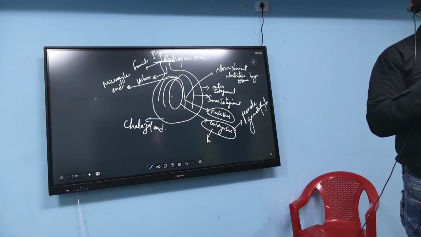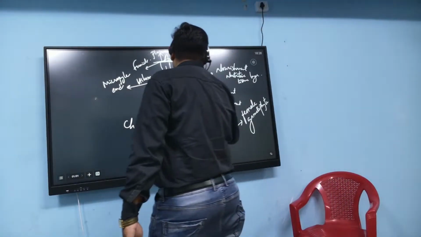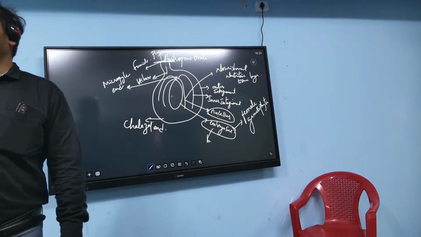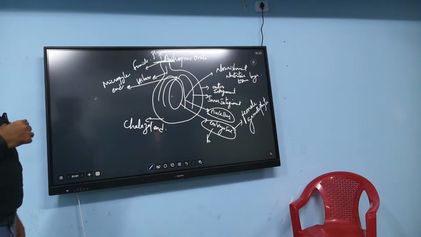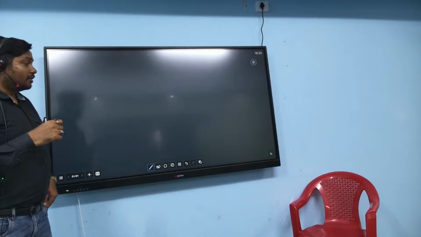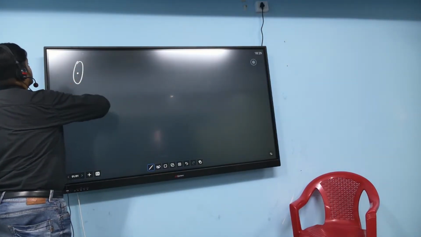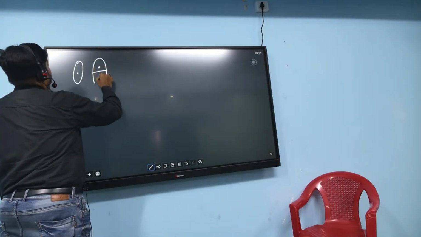Did you understand? Any doubt still here? Now this embryo sac will undergo meiotic division again. How will it undergo meiotic division, sir? If you take the embryo sac, first it will try to divide into two cells.